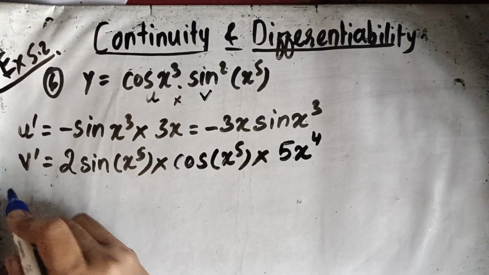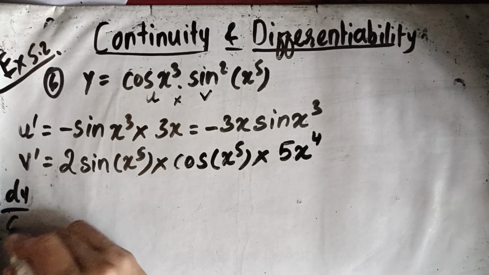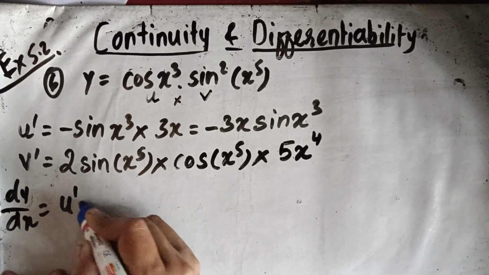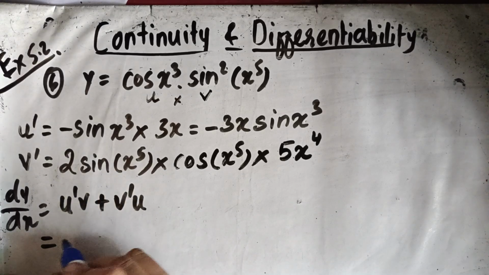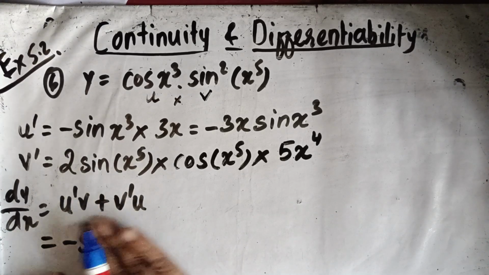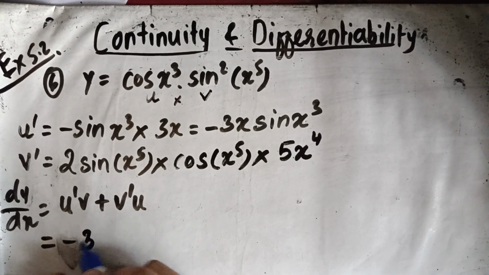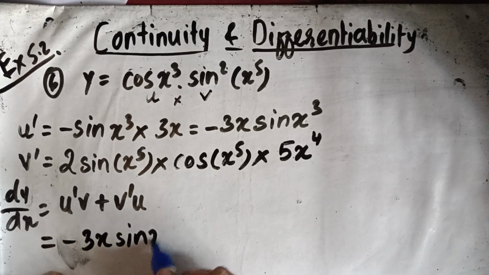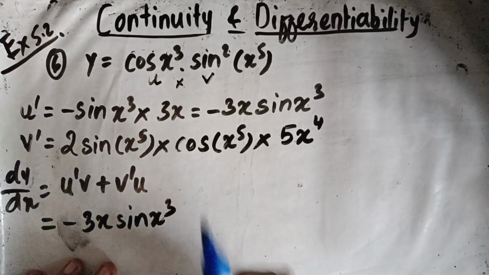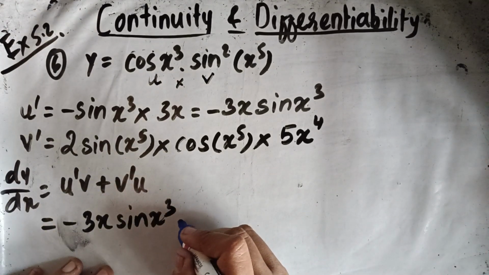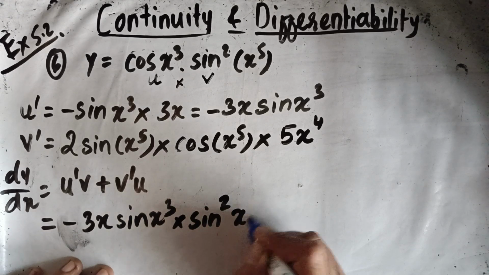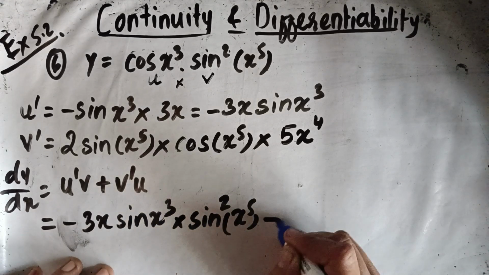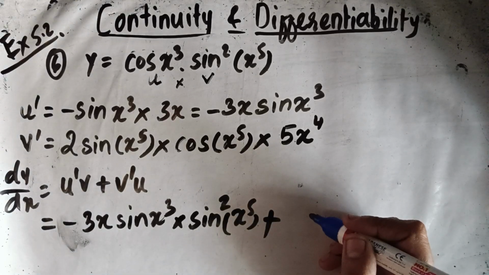So dy by dx is u dash v plus v dash u. U dash is minus 3x square sine of x cube into v, v is sine square of x raised to 5, plus v dash.